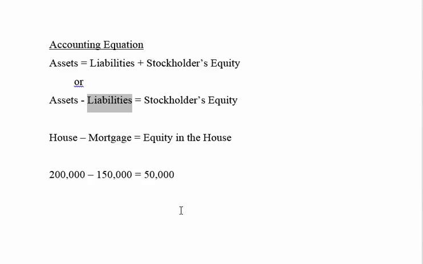Any loans would also be liabilities. We'd add up all the assets of the business and add up all their liabilities. The difference in those two would be the stockholders' equity in the business, or the part of the business that the owners actually have claim to. The creditors would have claim to the other portion of the assets, and those creditors' claims are represented as liabilities.